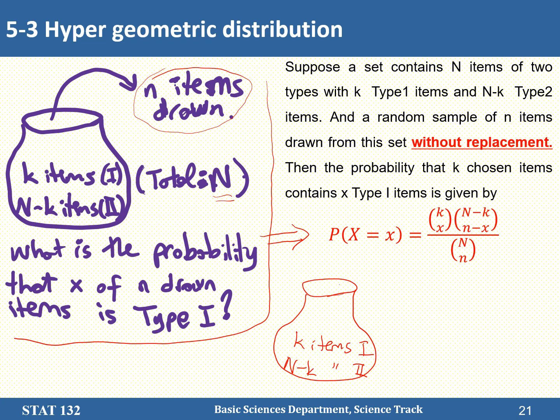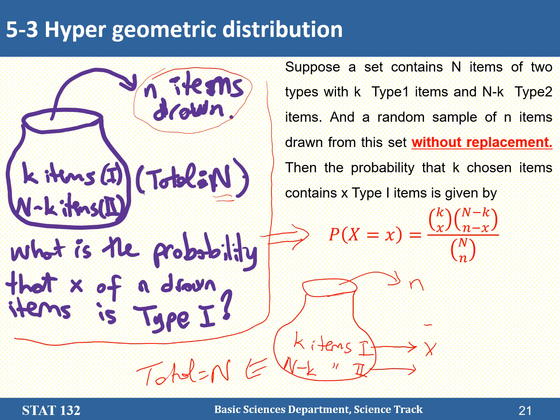So if you choose n, the total is big N. Here, if you choose n items, we are trying to find the probability that x items are type 1. So assume we choose x items from k.